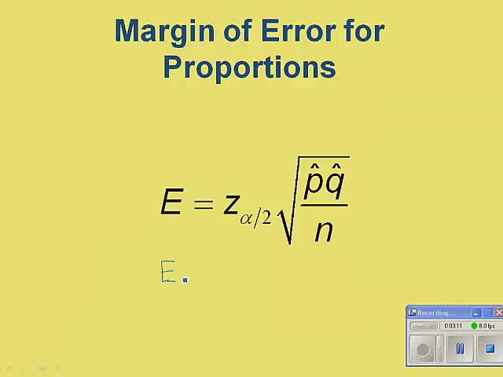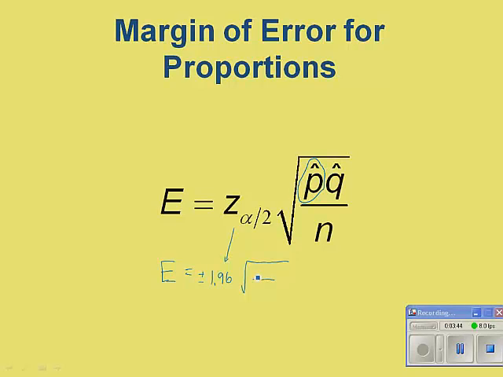So in our example, the margin of error equals, you guys, what was Z alpha over 2? Wasn't that the Z value that I found? And wasn't that 1.96? Right? I guess it was plus or minus that. 1.96 times the square root of, now what is p hat?